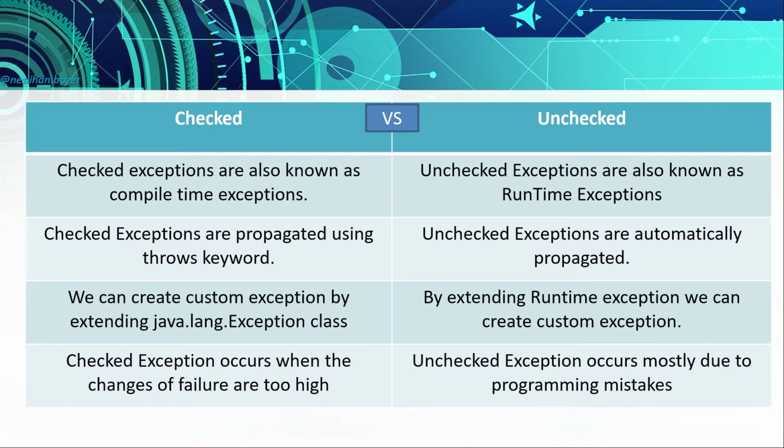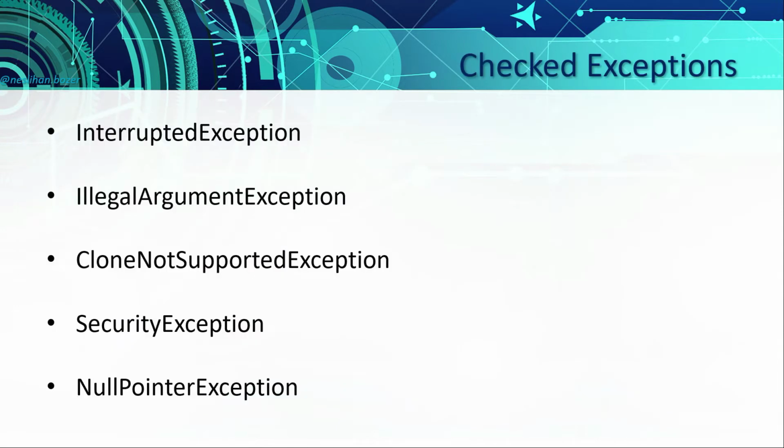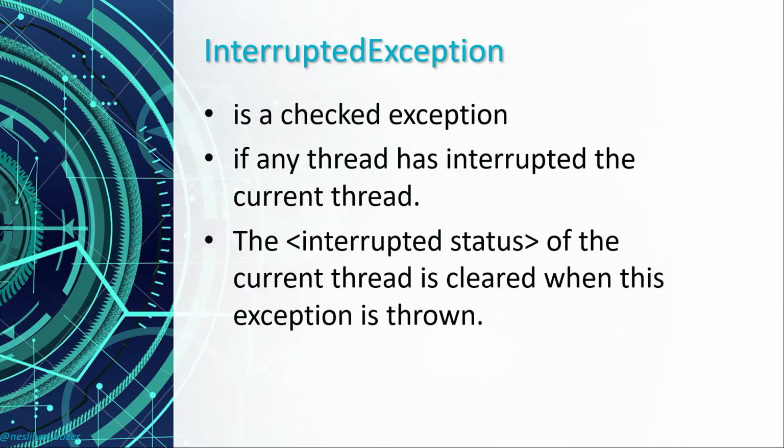Checked exceptions occur when the chance of failure is too high, whereas unchecked exceptions occur mostly due to programming mistakes. Checked exceptions can be InterruptedException, IllegalArgumentException, CloneNotSupportedException, SecurityException, and NullPointerException. Let's go into detail with all of these.